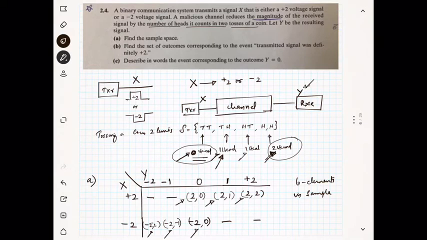Now in the second part of the question, it has been asked to find the set of outcomes corresponding to the event that the transmitted symbol was definitely +2. So you are going to transmit +2 and you may sometimes get 1. For example, I will draw here.